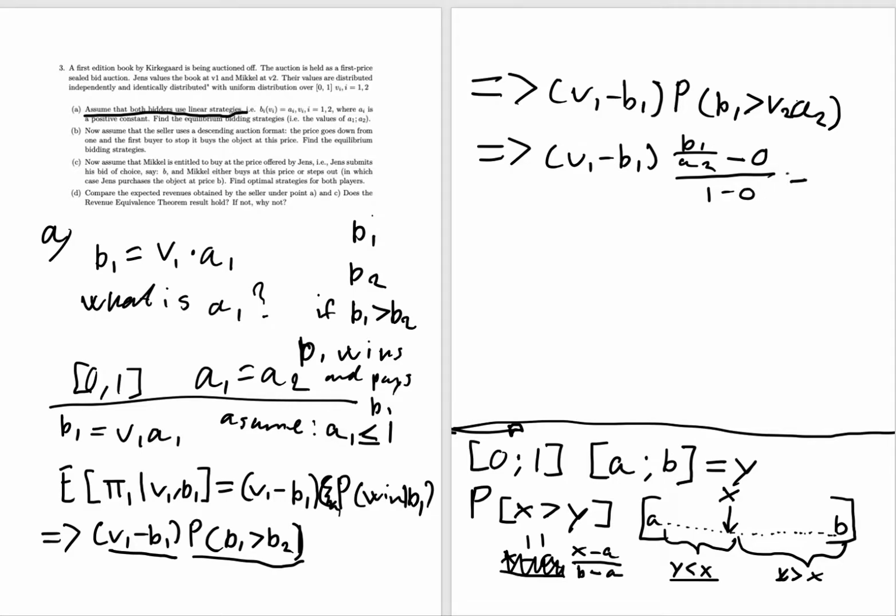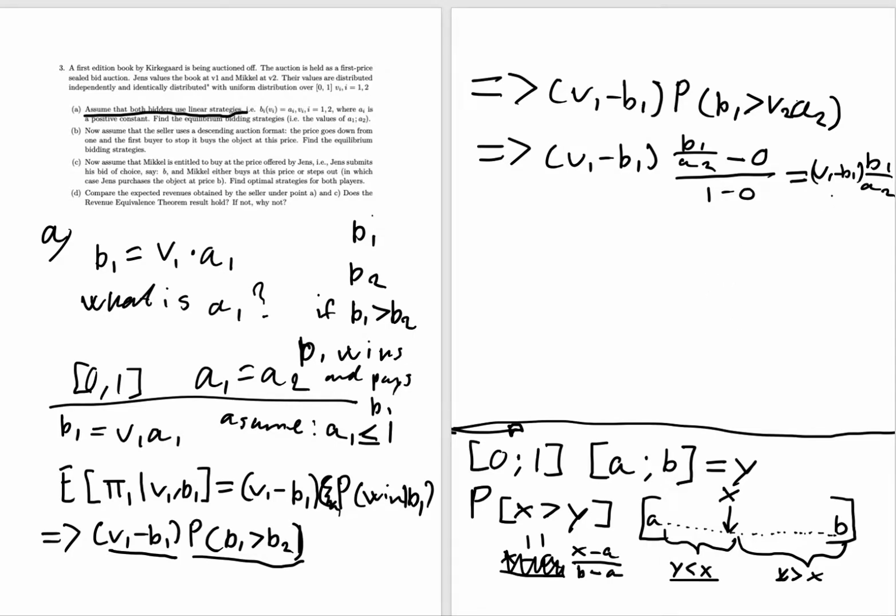And this right here is then equal to V1 minus B1 times all of this right here, just changed into this. All right.